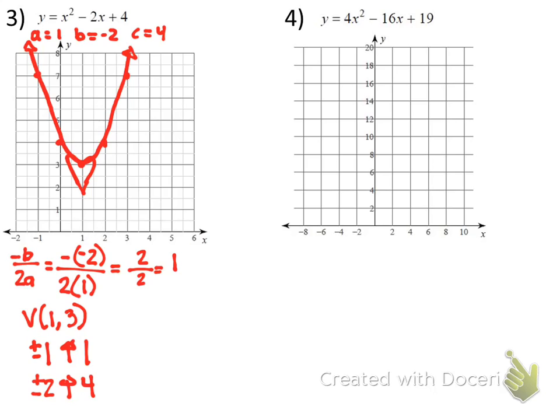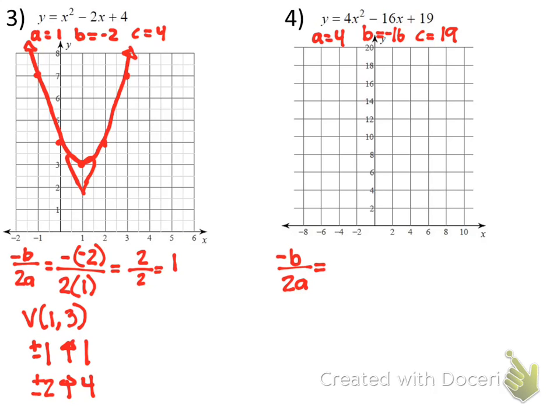Okay. Here we go. Number 4. What's our A, everyone? 4. B. 16. C. 19. All right. Negative B over 2A. Plug it in.